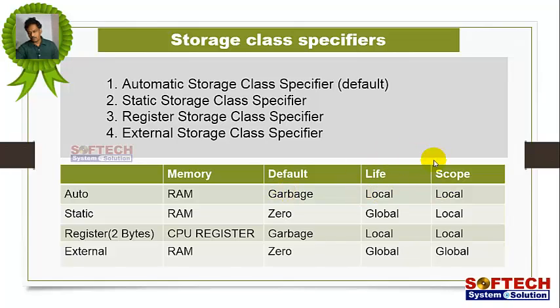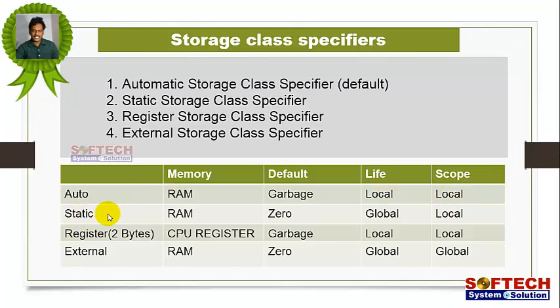If we come out of the function, it releases the memory. Then when it comes to the same function again, it creates a new memory location. The life is local. The scope is local. If we declare an automatic storage class variable within a function, we can access that variable within this function only. We cannot access that variable out of the function. So the scope is local.